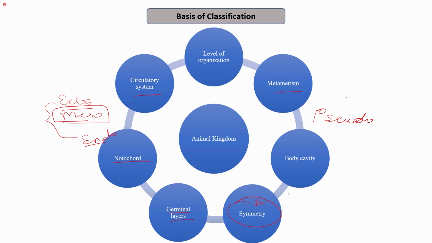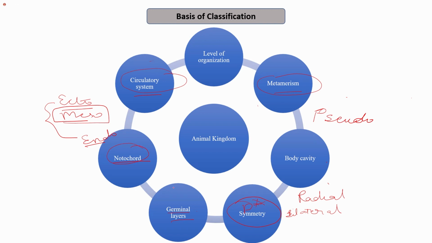Then we discussed radial symmetry, and also bilateral symmetry. This was discussed in the last class, and in today's lecture we will focus on metamerism, the circulatory system, and the notochord.